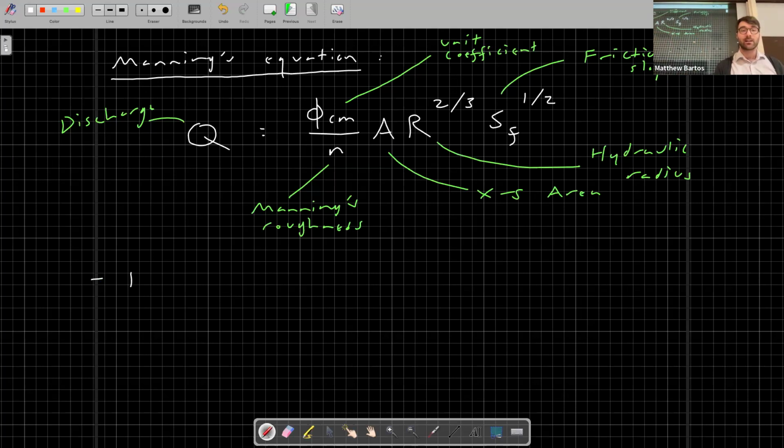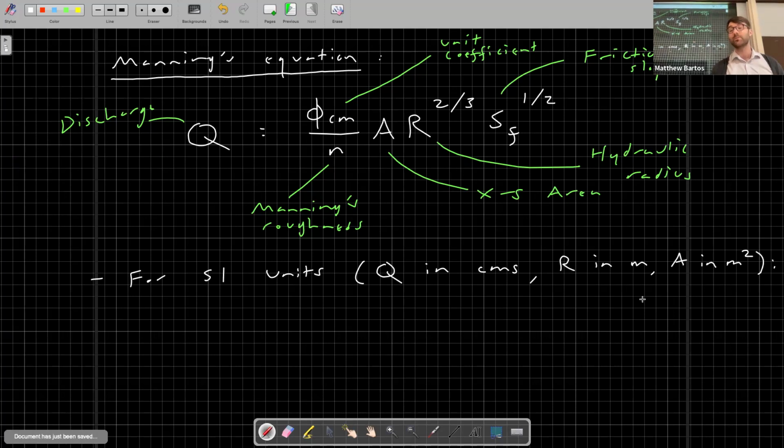So for SI units, and this is specifically for Q in cubic meters per second, the hydraulic radius in meters, and A in meters squared. So it has to be those units. The phi value is equal to 1. And note that this has some units on it, but they're not important right now.